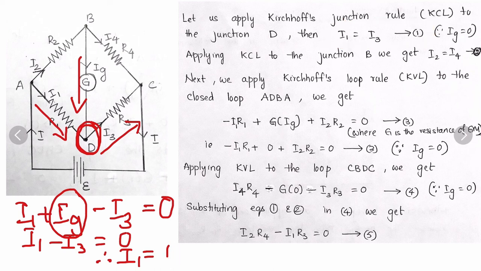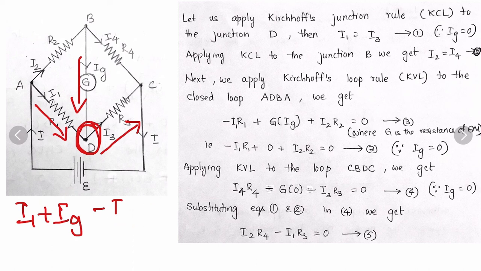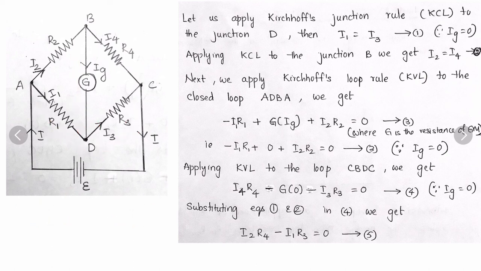So, let us continue. Let us apply KCL, that is Kirchhoff's current law, to the junction B now. Towards B, I2 is flowing inside, Ig is flowing away, I4 is flowing away.